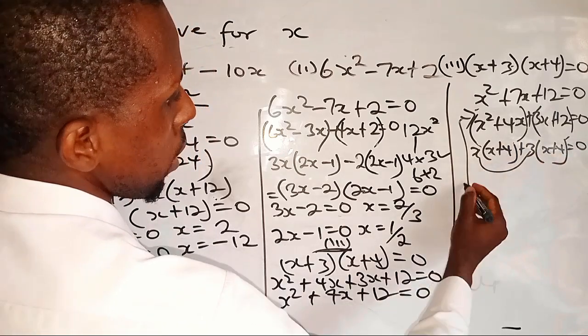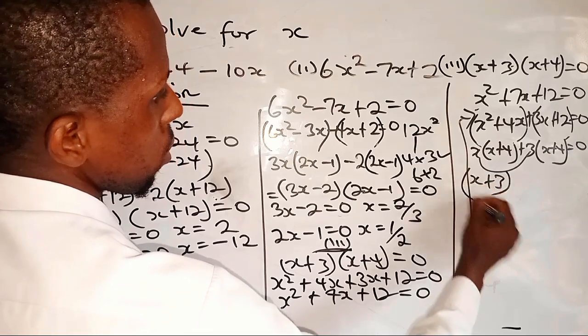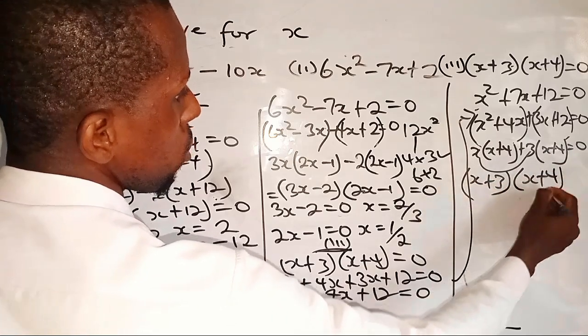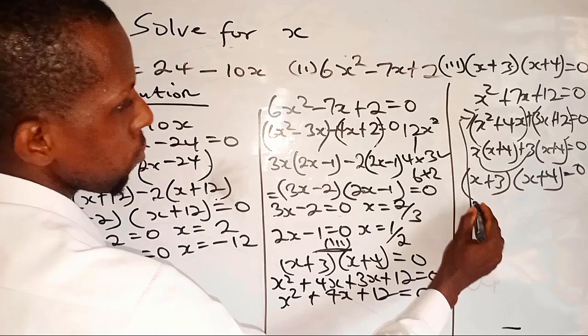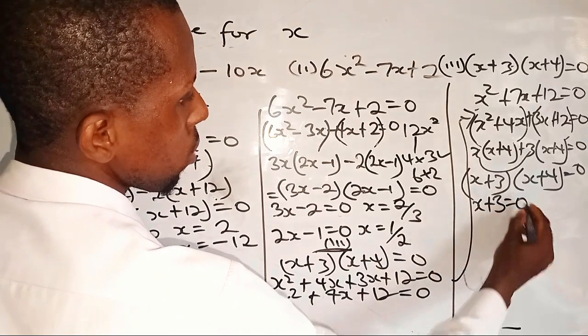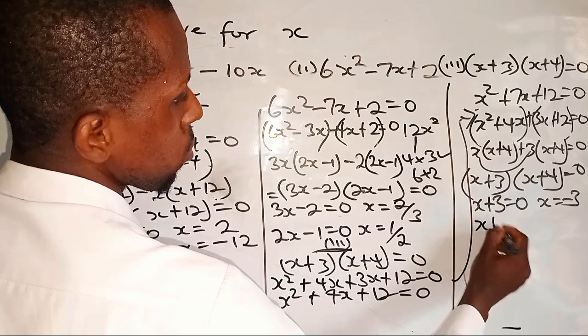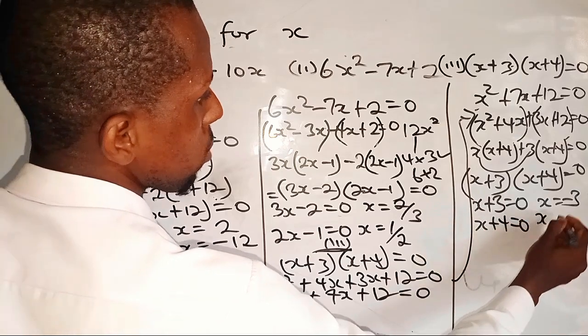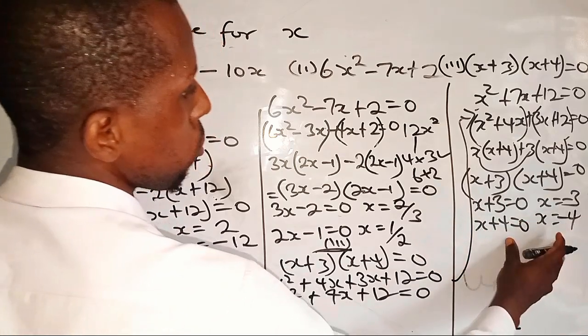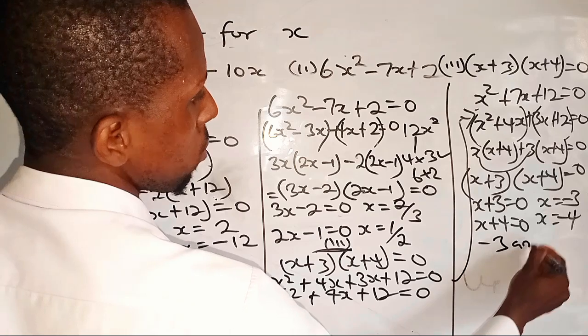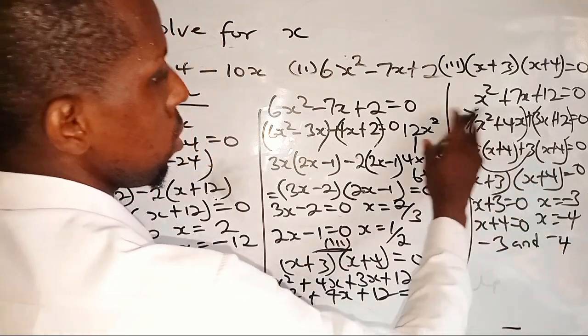When I pair this together, I have x plus 3, x plus 4 equals 0. If x plus 3 equals 0, x equals minus 3. And if x plus 4 equals 0, x equals minus 4. So minus 3 and minus 4 are the roots of this equation.